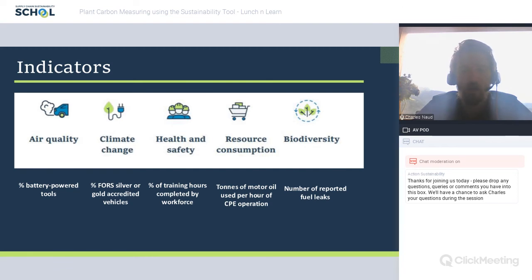The other thing is, if we look at the indicator of tons of motor oil used per hour of CPE operation, here we're using per hour to give us better information on how efficient we are in terms of our use of motor oil.